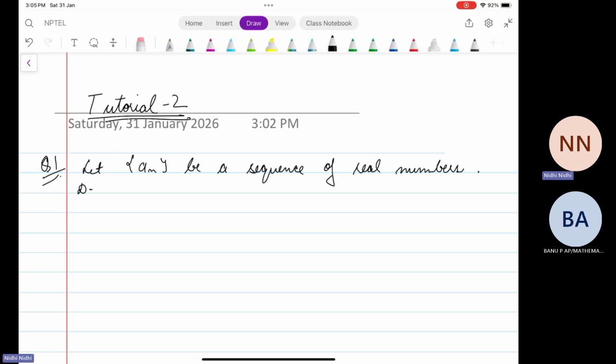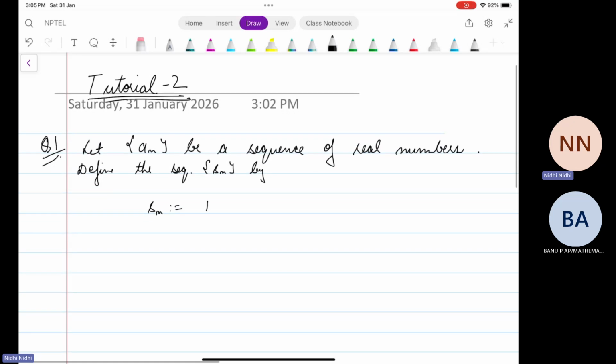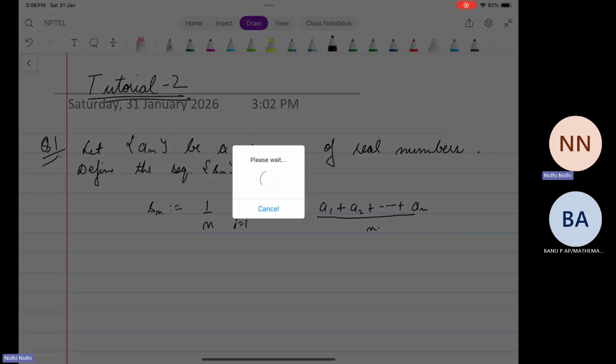Now define a sequence Sn by the following. Sn is equal to 1 by n summation i from 1 to n ai, which is basically a1 plus a2 and so on up to an upon n. We are just taking some average of the first n terms.